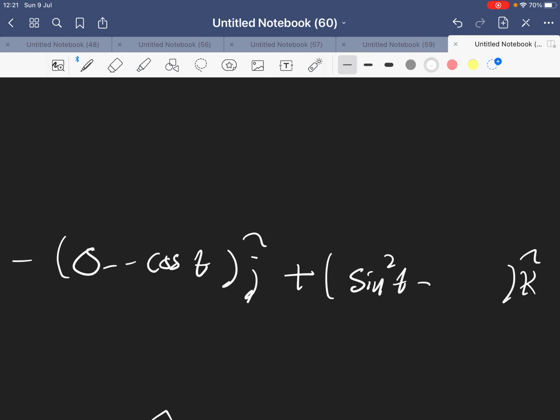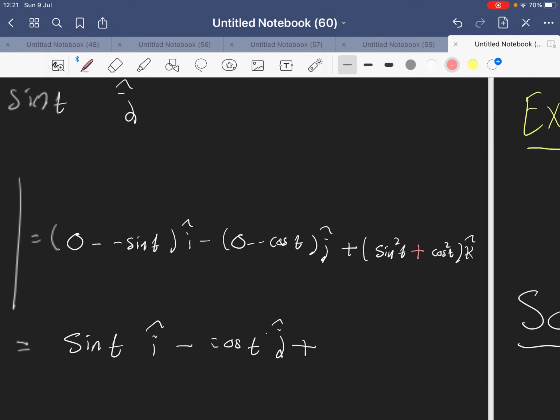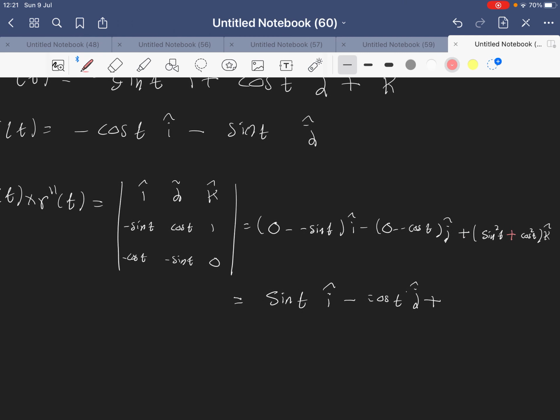This will give me minus cosine square. Now, if we notice that we have negative, negative, this will be plus. So here I can just erase this and write plus. Well, sine square plus cosine square, again, we all remember this is just 1. So it will be just k.